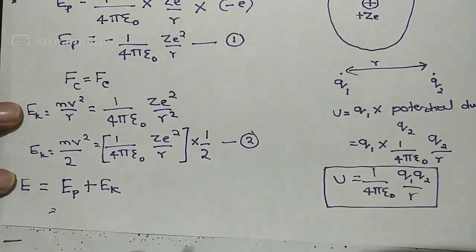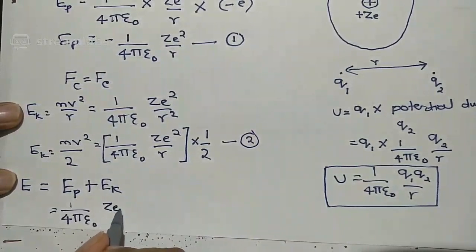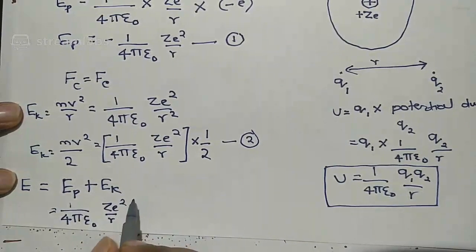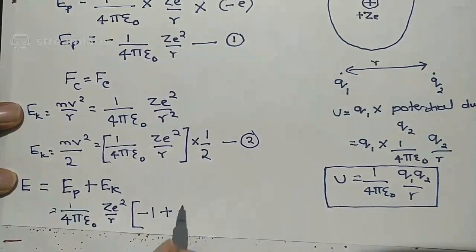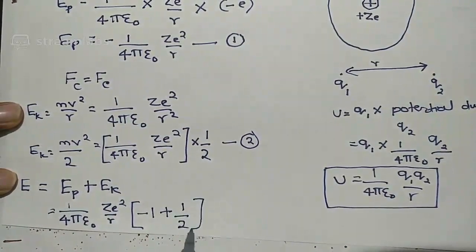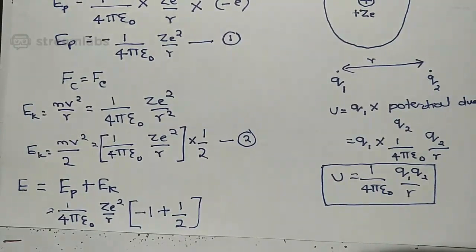I can take 1 by 4 pi epsilon naught Ze square by R common. Then what remains in the bracket? Here it is minus 1, here it is plus half. When you simplify this, what will you get?